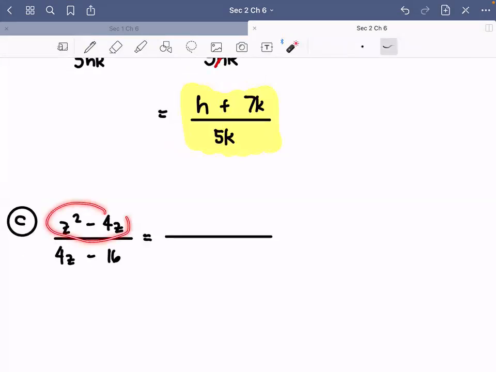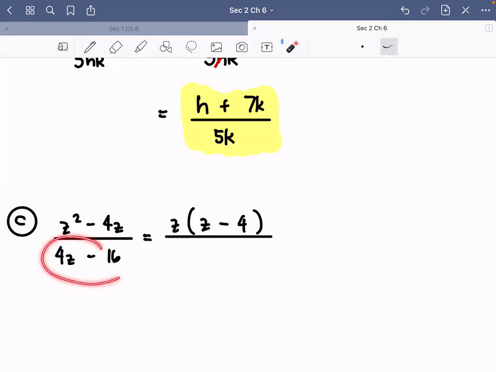You got z squared and z, but which one should we use? You should use z. Then divide each term by z. z squared divided by z is z, and 4z divided by z is 4, so it's z minus 4.